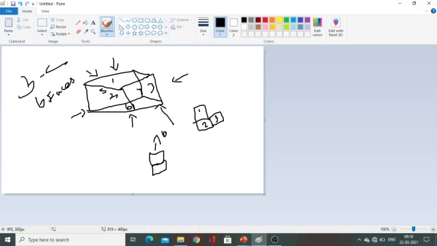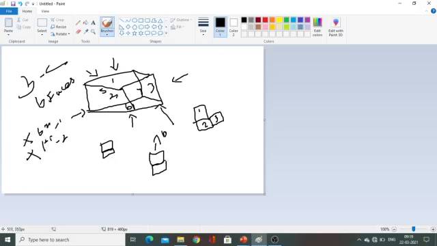If you place 2 cubes like this, the 6th face of the first cube and the first face of the second cube will be attached. So these two faces he does not want to paint.